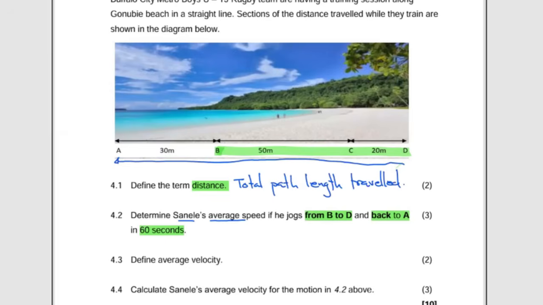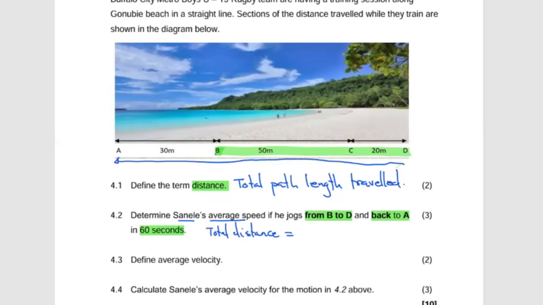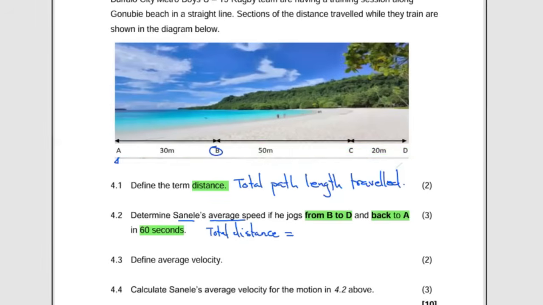So average speed, remember, we're going to say our average speed. The first thing that we need to know in terms of this, we need to get the total distance, right? So total distance that was actually traveled by Sanele is equivalent to, so he moved from B to C there, right? So if he moved from B to C, it means he traveled a distance of 50 meters.